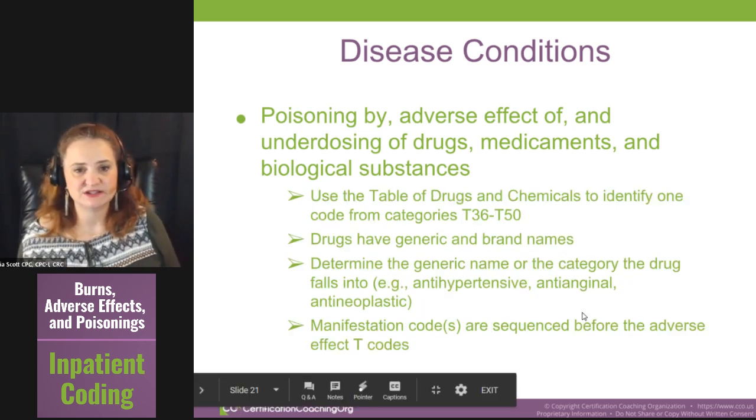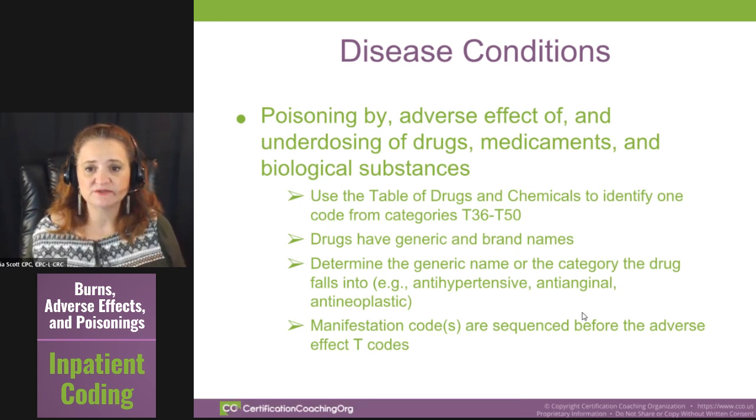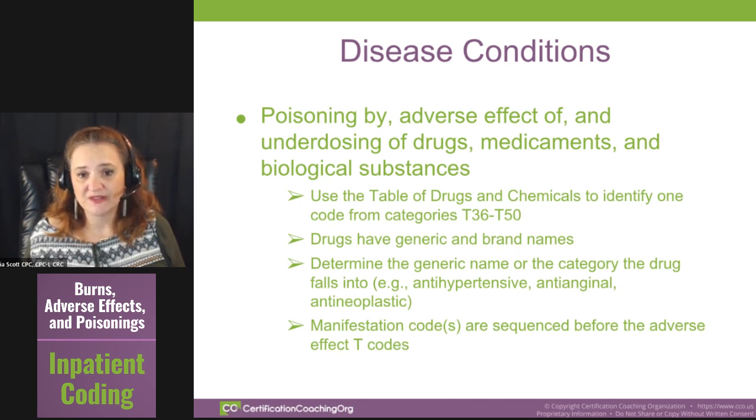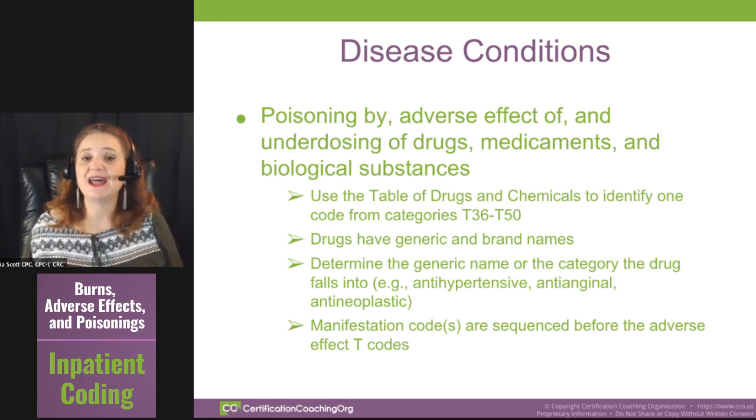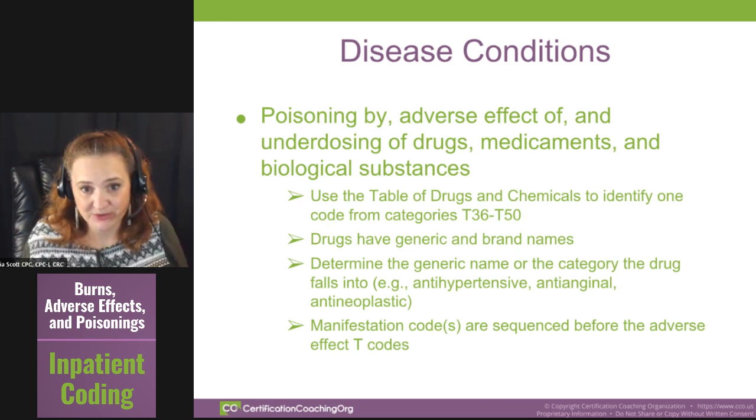That's what OTC stands for, if you didn't know. Table of drugs and chemicals will give you that initial where to go in the tabular. T36 through T50, you've already made a note of that, and you're going to go peruse that for a little light reading of the tabular, correct?